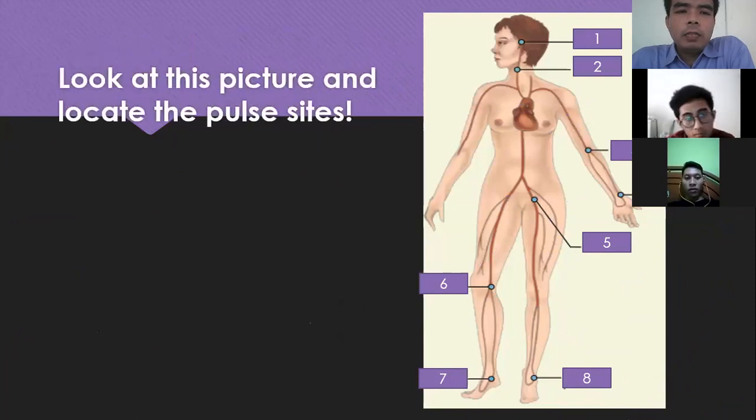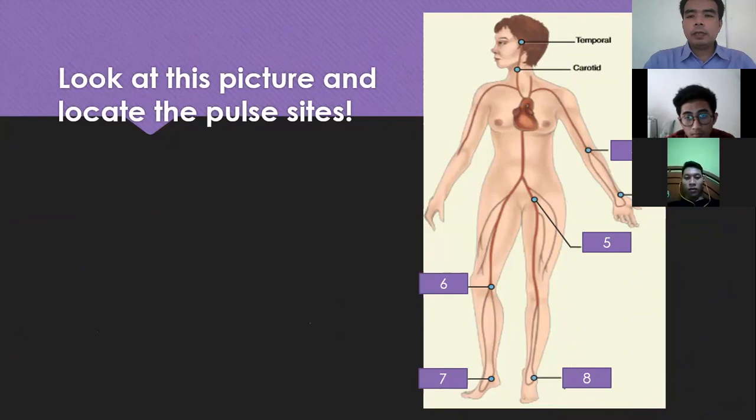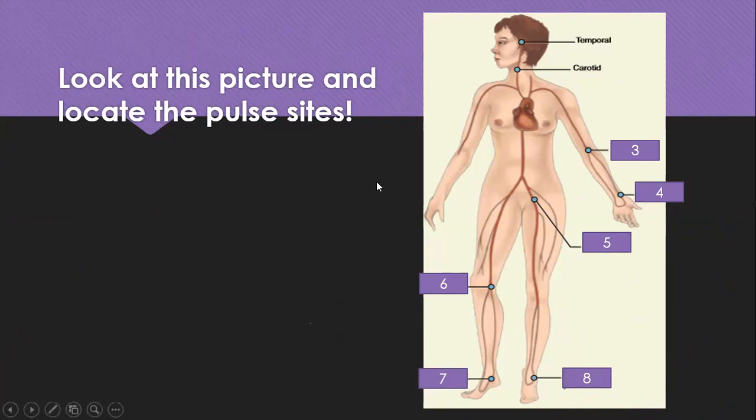Look at this picture and locate the pulse site. There is a donut over there.